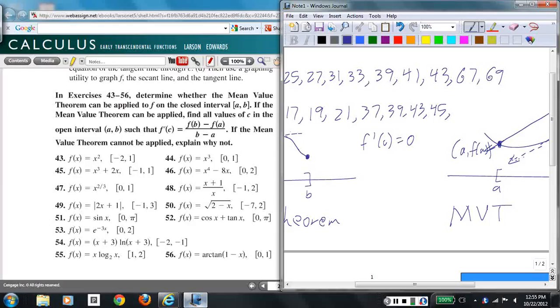47 is weird. What's weird about 47? 47 could work. If there's a point of non-differentiability, it seems like it would happen at 0, but 0 is one of the endpoints. So that should be fine, right? It should be differentiable on the open interval from 0 to 1.